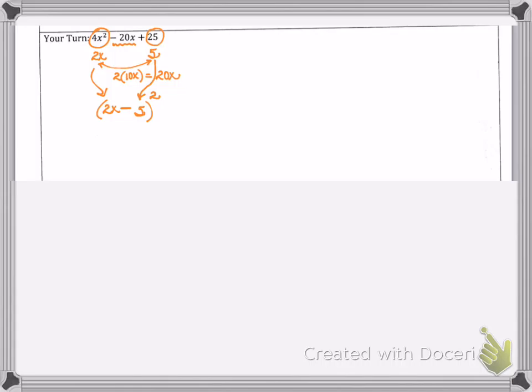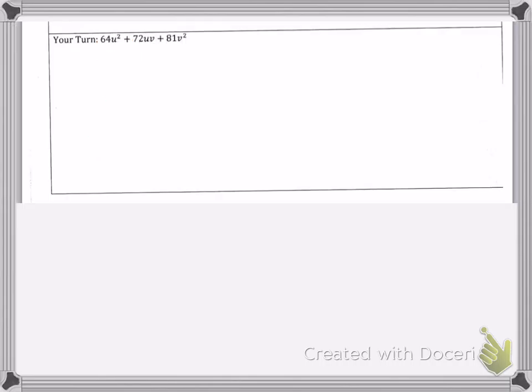And again, I always recommend to students, especially when you're starting out factoring, go ahead and simplify it out and make sure that it matches your original so that you know you've done it properly. So 2x and 2x gives us 4x squared. That works. 2x times negative 5 and negative 5 times 2x gives us a total of negative 20x, which works. And negative 5 times negative 5 gives us positive 25, so that works as well.